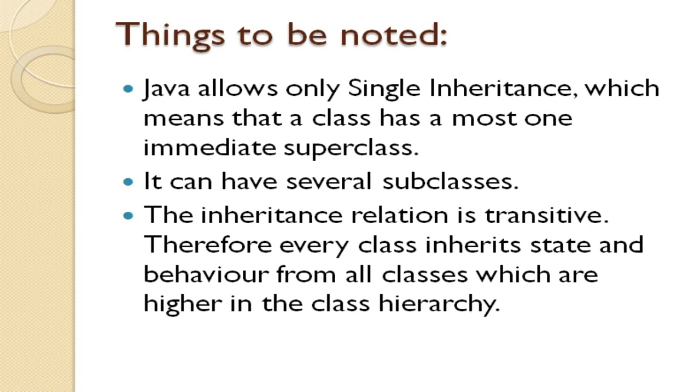If the derived class is declared and inherited from the superclass, or base class, all the properties, state and behavior of the superclass can be derived, and you can execute them from the subclasses. Higher in the hierarchy means all the superclasses, maybe one or more, so all that can be accessed from the subclass.